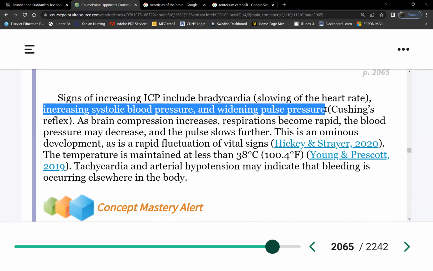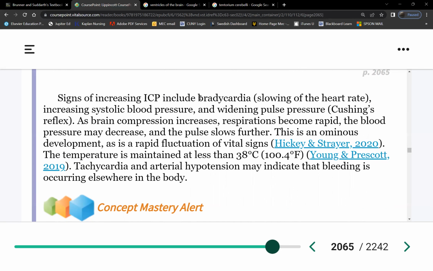Cheyne-Stokes respirations, the abnormal breathing. Again, I don't know which reference the NCLEX will use. On the test question, will it say bradycardia, or will it show a low heart rate?